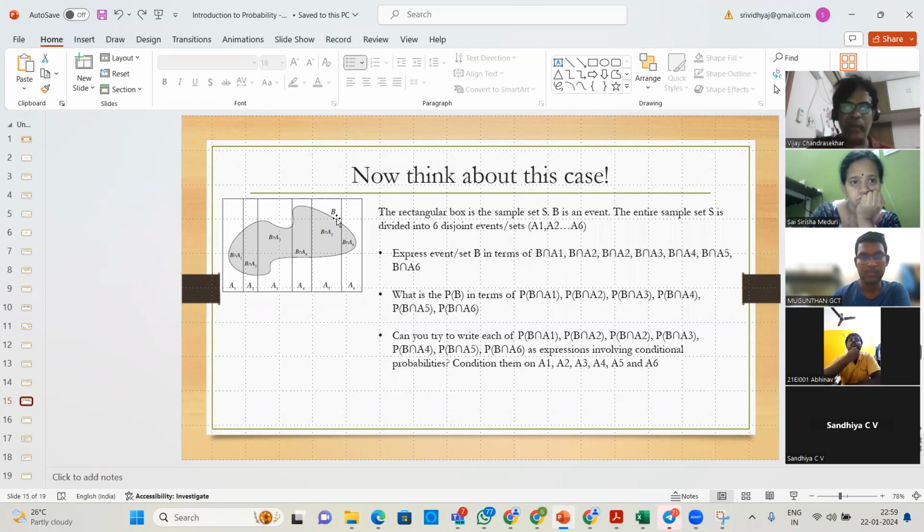One way is to get events A such that the union of the A's is the whole sample set. Then you write B as B intersection A1 plus B intersection A2 plus B intersection A3 plus B intersection A4, and so on and so forth.